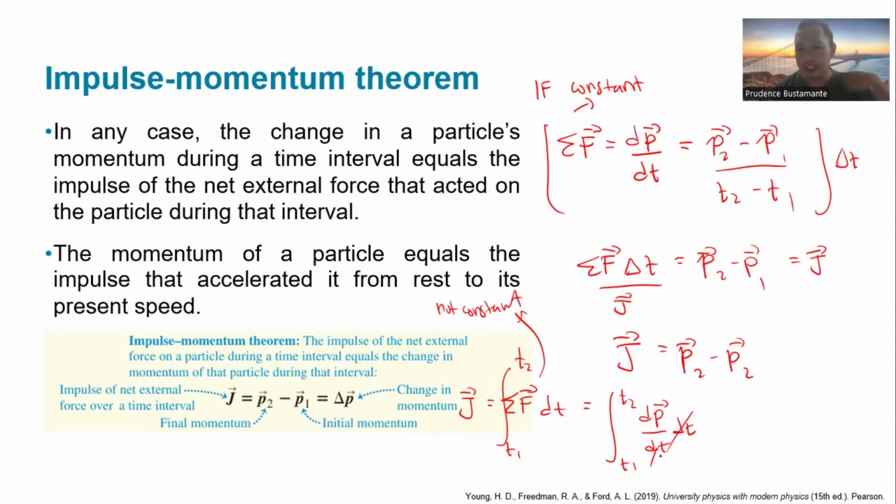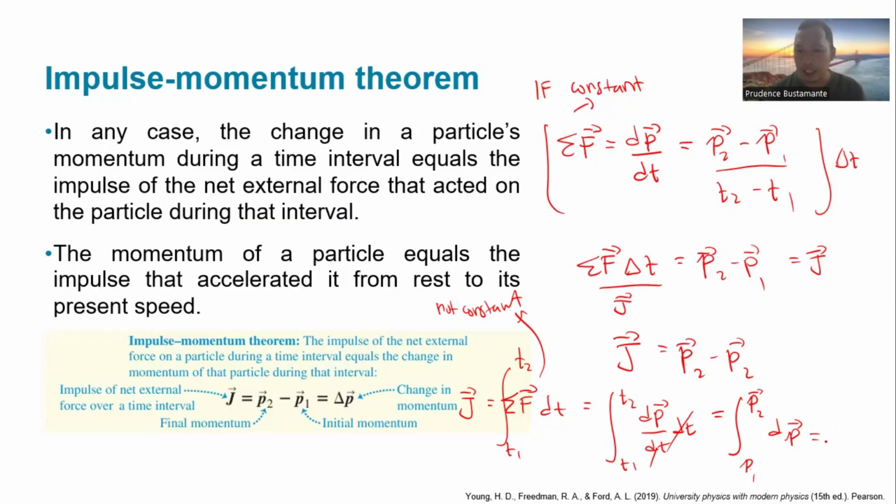We can cancel this, and since this is the integral in terms of momentum, we can change the limits. We can change the upper and lower limits to momentum. Since this is p, it can now become the integral from p1 to p2 of dp.